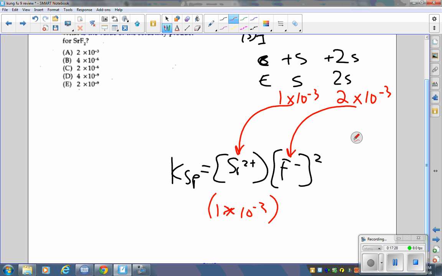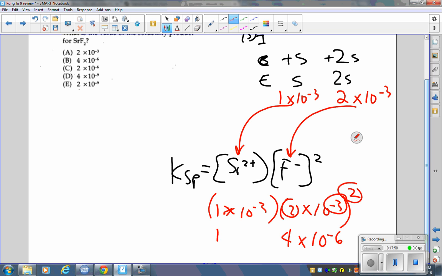So watch. When I square a number in scientific notation, this 2 squared is going to be 4. This I just add, basically I'm multiplying, so negative 3 plus the negative 3 is going to be 4.0 times 10 to the negative 6, or 4 times 10 to the negative 6, times 1 times 10 to the negative third.